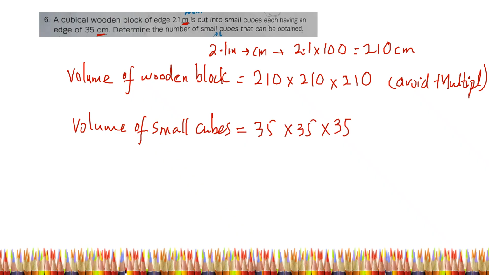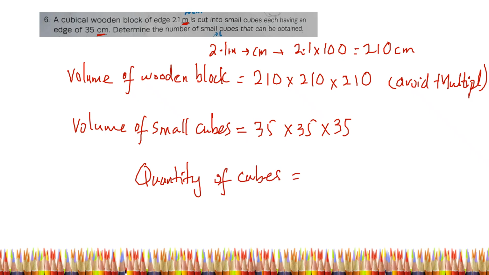Again, you can multiply these three and get an answer, but I will ask you to avoid that, because I have tried it before and it gives a very large number. So what we will do is determine the quantity of cubes.